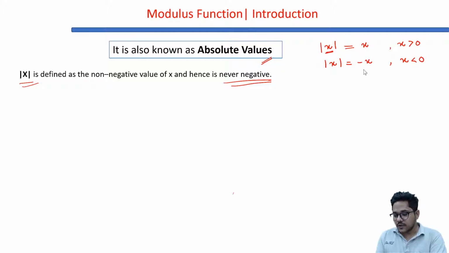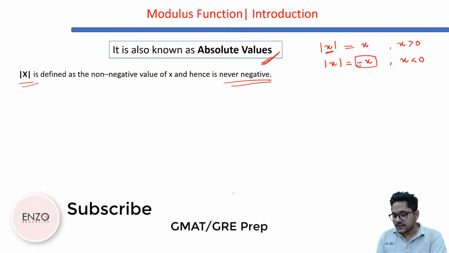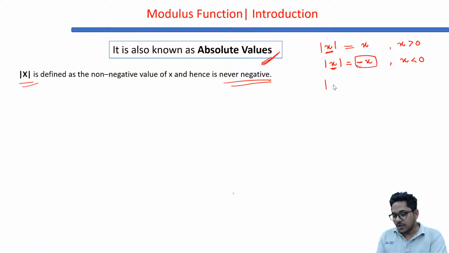Now many people confuse that why minus of x when it always gives a positive value or an absolute value. Now the concept of putting minus of x is to make the negative value of x into a positive value. Let's check with an example. Let's suppose we need to find the modulus of minus 5. As modulus function always gives a positive value, modulus of minus 5 would be 5.